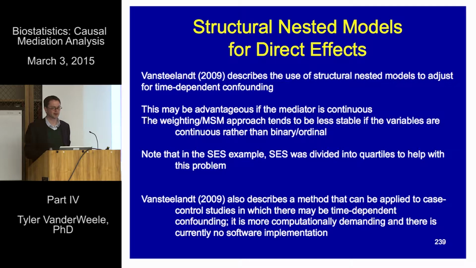So those are two sets of methods that can be used for controlled direct effects when we have this problem of time-dependent confounding. Included in the notes, which you can read on your own, is an example of using the marginal structural model approach to address that question we brought up at the beginning of the course on is there a direct effect of childhood adverse SES on subsequent adult health, not through adult SES.